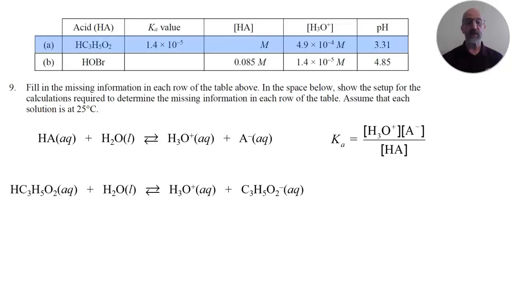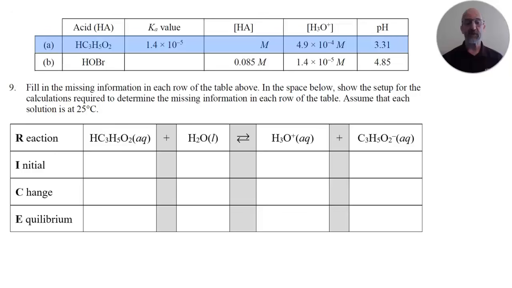So there's propanoic acid, HC3H5O2, reacting with water, and it produces the hydronium ion along with its conjugate base, which is the propanoate ion, C3H5O2-. So we know everything in that Ka except for the concentration of the propanoic acid, which would be in the denominator of that expression.